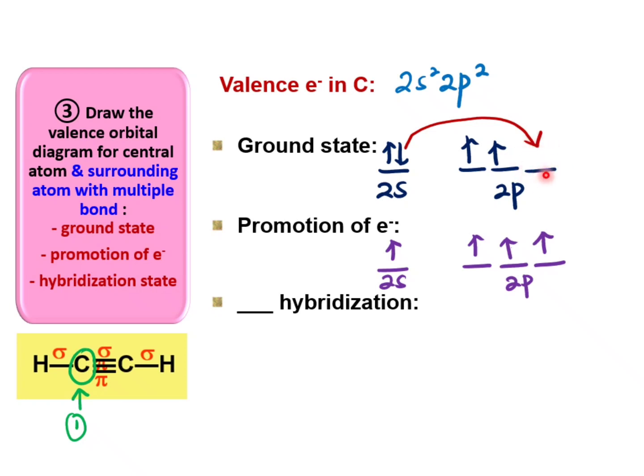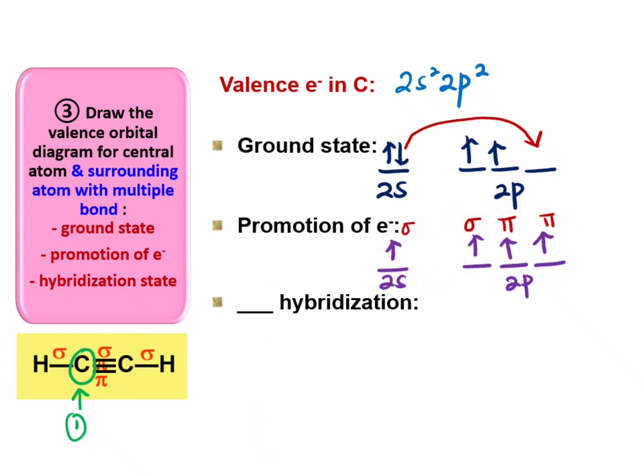So dia akan dapat 4 single electron. Okay, so for this single electron, 1 for sigma, 1 for sigma, another 2 for pi bond. Cukup tak? Cukup kelas. Okay, satu carbon ni akan ada 2 pi dan 2 sigma. So nampak? Okay, saya dah siap-siap asingkan.